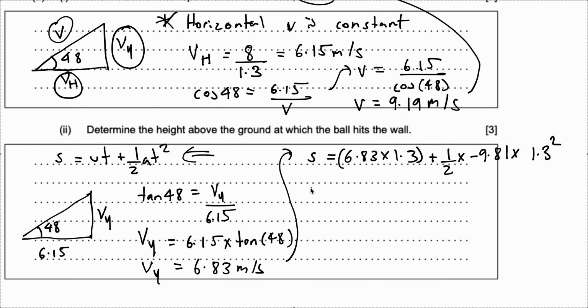Okay, so this can be rewritten in a simpler way as 6.83 times 1.3. Now brackets are very important when you plug into your calculator, so the minus can come forward: minus half times 9.81 times 1.3 squared. So basically we want to subtract these two. So what will be our displacement?